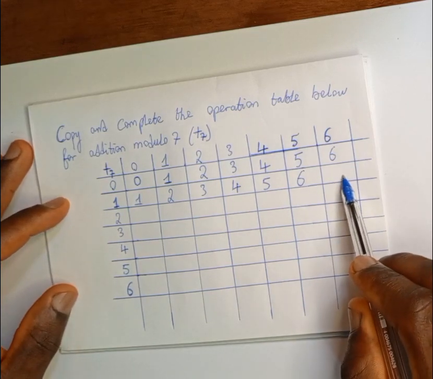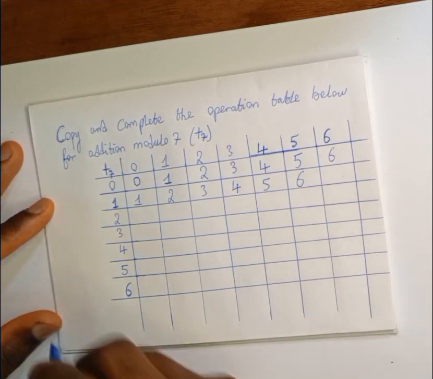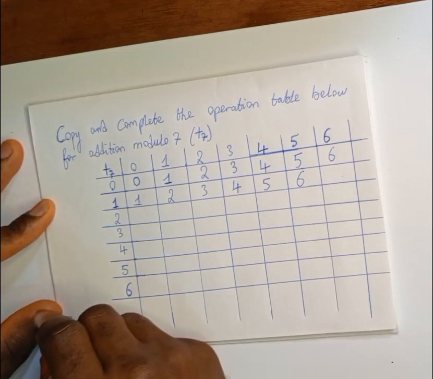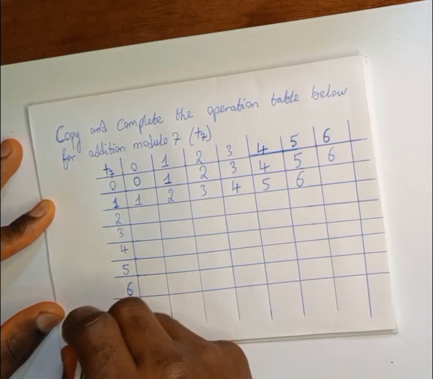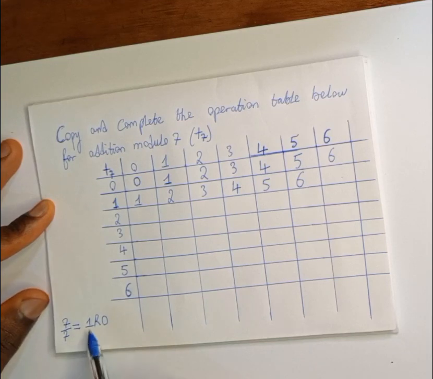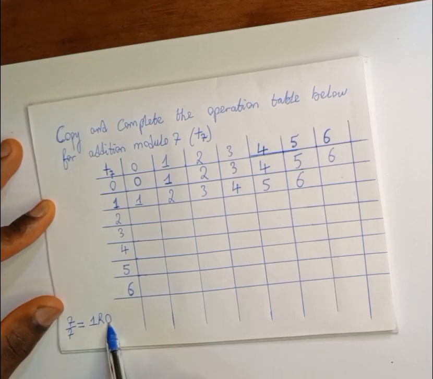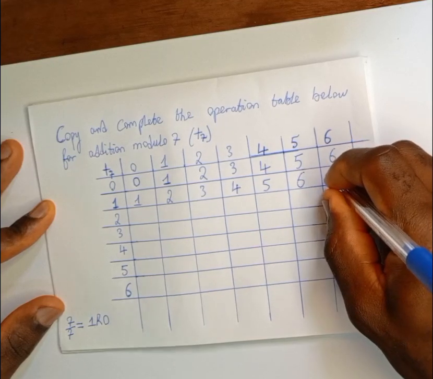What we are going to do is we are going to divide 7 by 7. 7 divided by 7 gives us quotient of 1, the remainder 0. We are going to discard the quotient and we write down the remainder. Here the answer is 0.